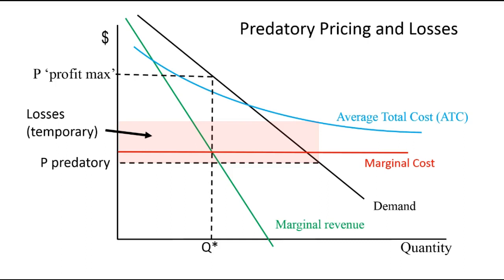Now, unlike the earlier case that we looked at in monopolistic competition, where if a firm is experiencing losses, it might ultimately leave the market, here that's not going to happen. These losses are just temporary until the firm that's attempting to come into the market has been driven out. And then presumably the firm can resume its profit maximizing price and will regain those temporary losses.